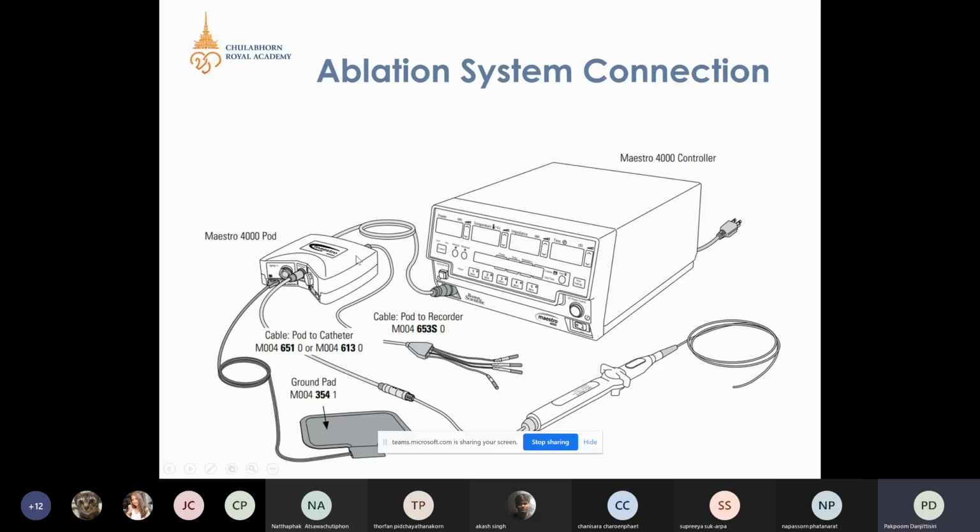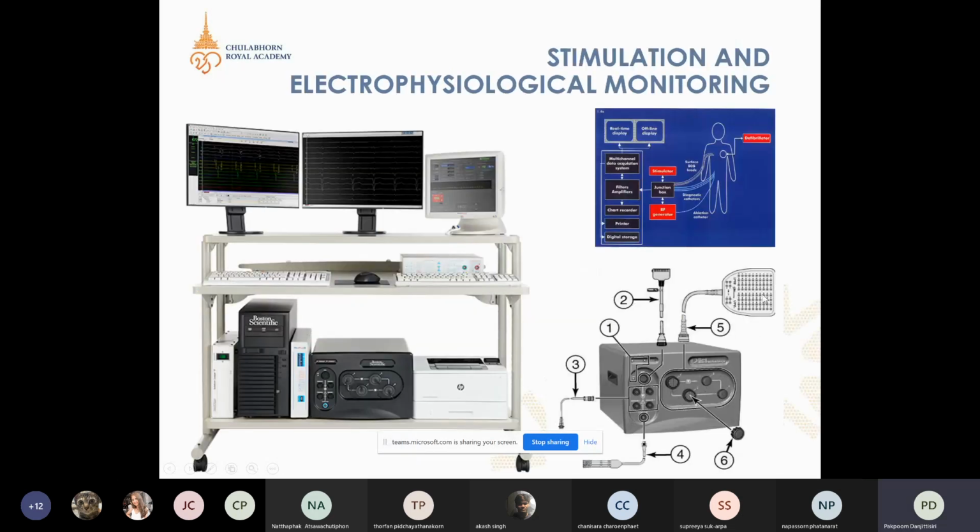The only way to make that connection is with a special, let's say an additional cable with 4 pins here to connect over here, and then the 4 pins here will connect to the junction box, and then the junction box will receive the ablation signal.